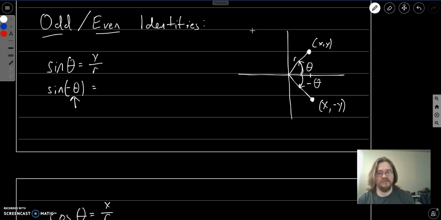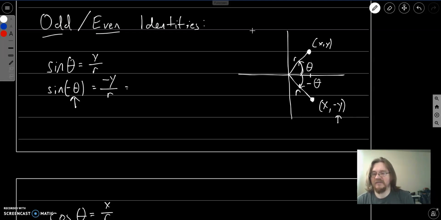The distance from the origin to that point, again, everything is symmetrical, so that distance is still going to be the same. So the sine of an angle is going to be the y value divided by r. Well, now the y coordinate is negative y, and the r value is still r.